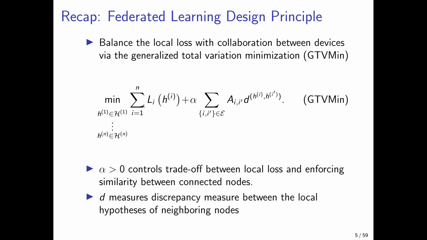So which means that we are aiming to solve this objective here, where we are minimizing over all the n hypothesis spaces. And the objective we want to minimize consists of these two sums. So first of all, the sum over all the local loss functions. And secondly, we are summing over all of the edges.